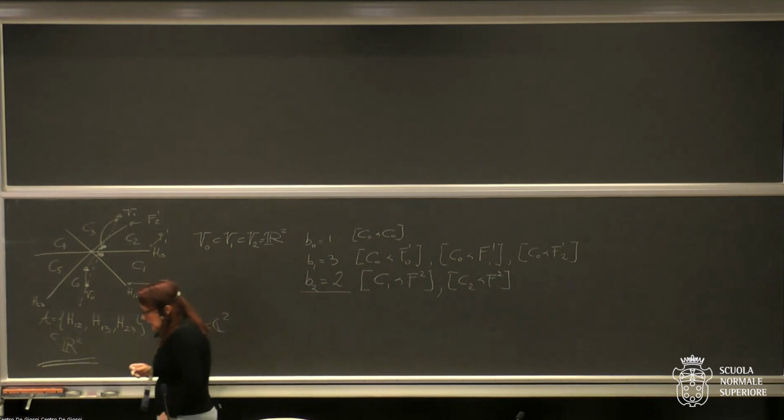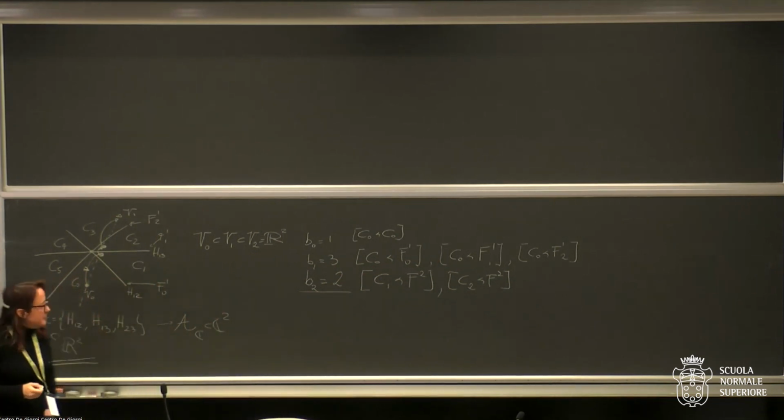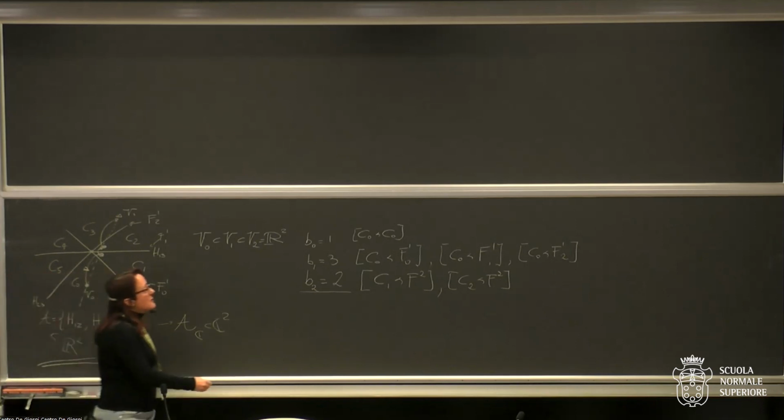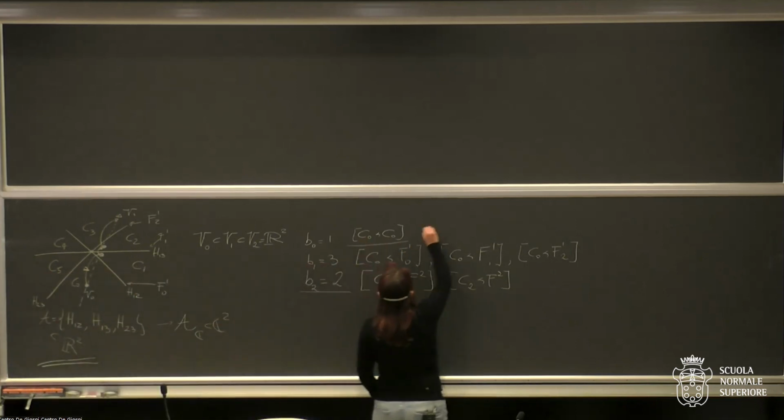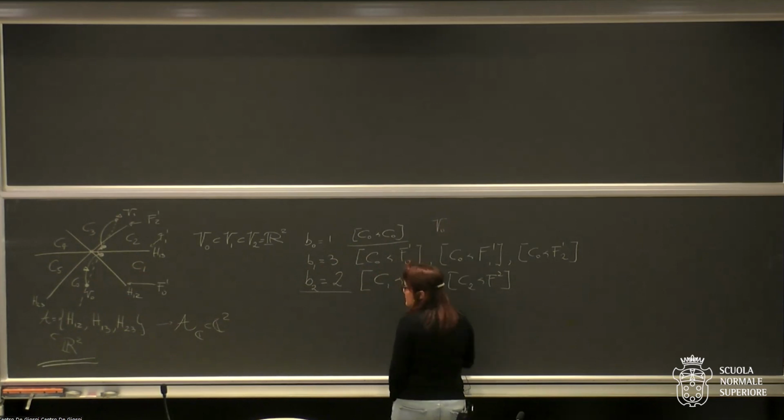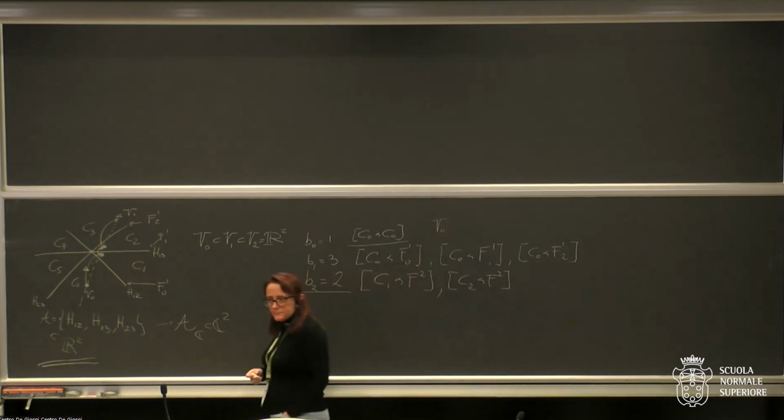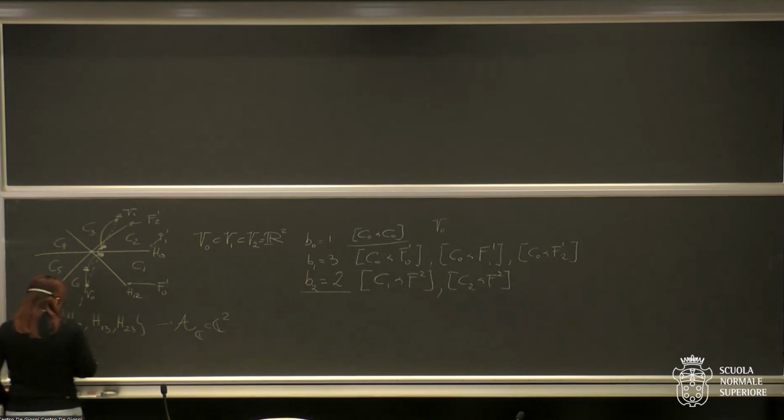In order to describe the critical cells, we needed to use the stratification. But how? V0 is inside C0. So this tells us this V0.